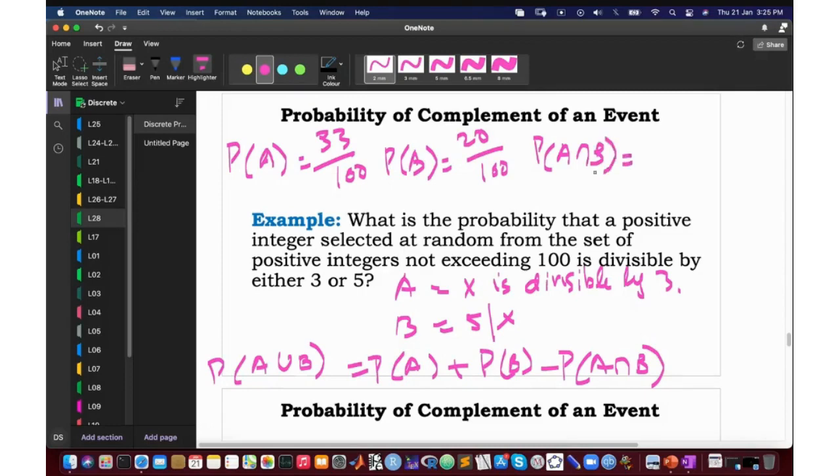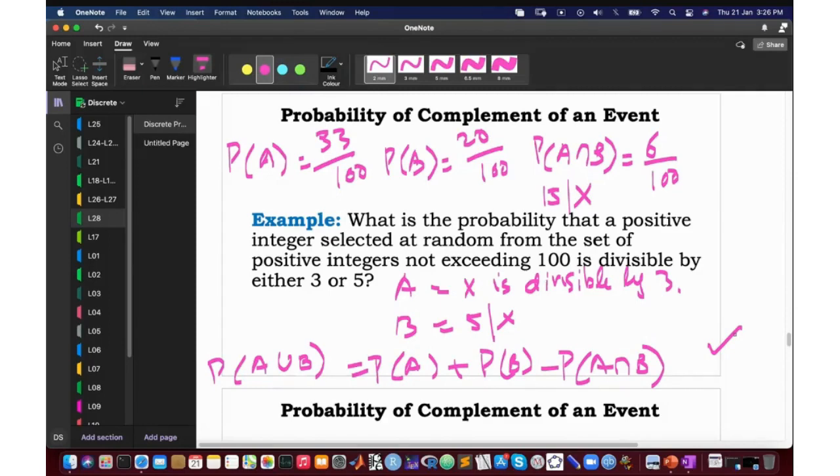It's the event that the number is divisible by 3 and 5, which means it's divisible by 15. So it's 6 over 100. You put these numbers in here and you will get your answer. 47.